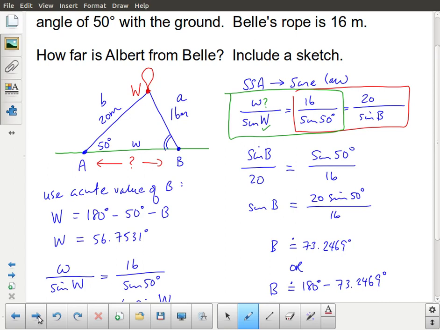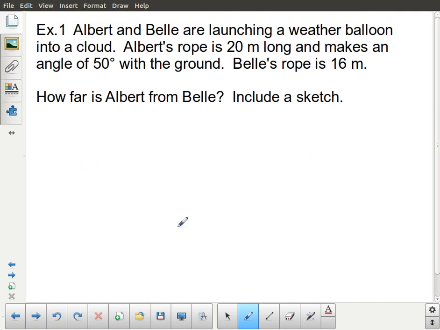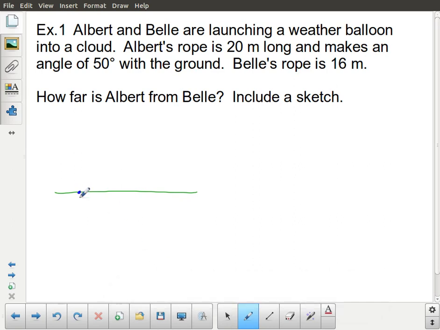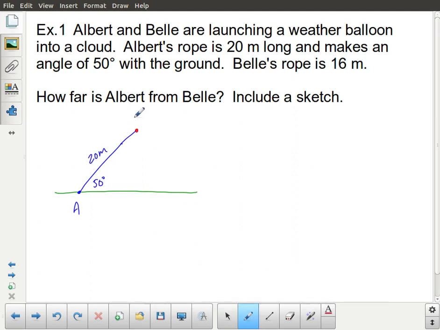We could have also done this question a very different way. Well, not very different, but different. Here's the ground. Once again, I'm going to start with Albert. I'm going to start with a 50-degree angle, 20 meters of rope or of string. I've got my weather balloon here.